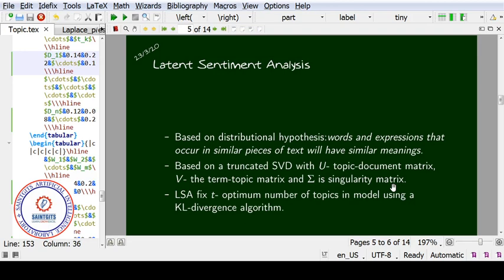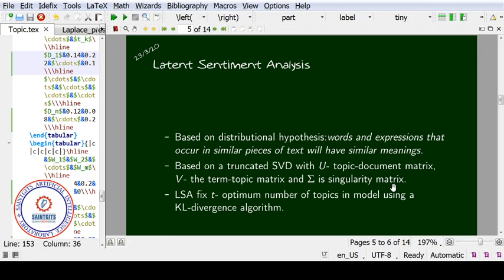LSA tries to find an eigenvalue based approach. We try to find those eigenvectors corresponding to higher eigenvalues, the eigenvalues of this sigma matrix, the singular matrix. We choose those eigenvectors of U and V corresponding to the highest eigenvalues of this singular matrix sigma.